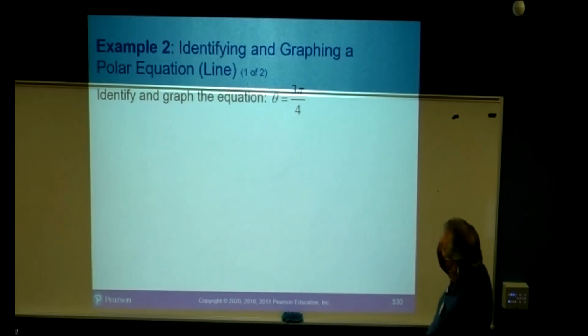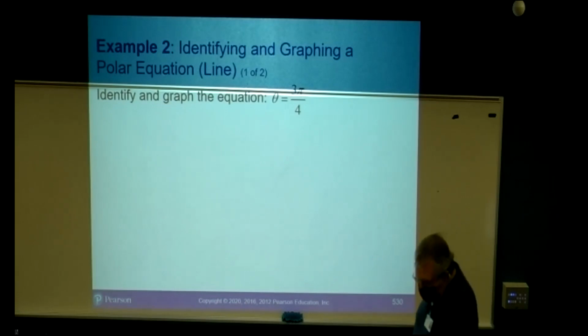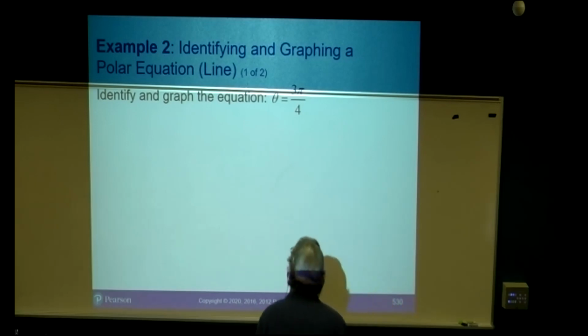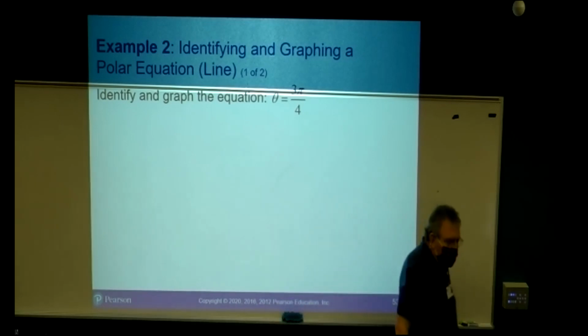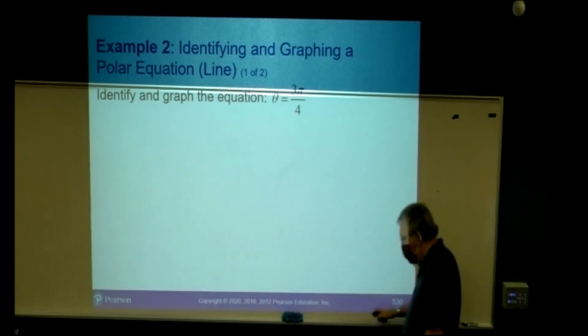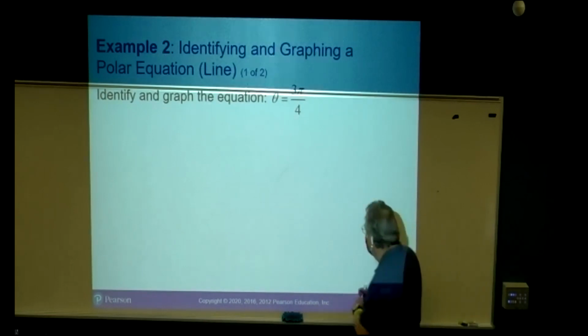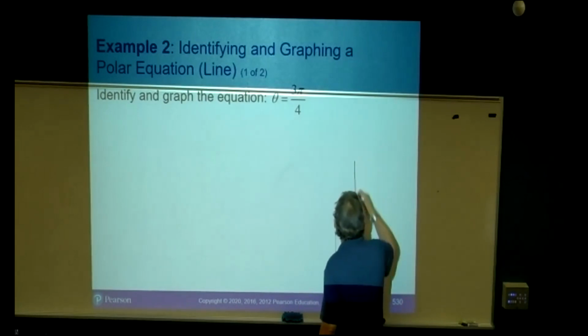Now, theta equals 3 pi over 4. Theta equals 3 pi over 4.